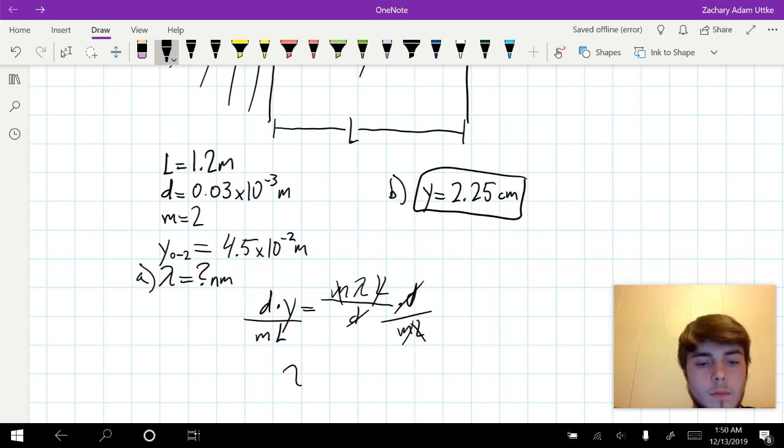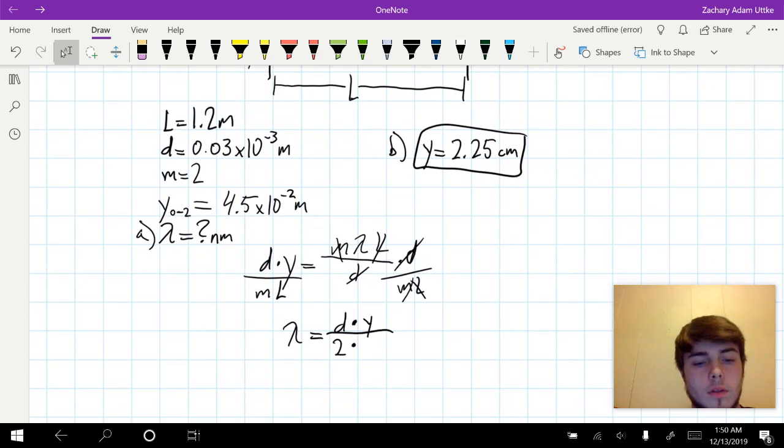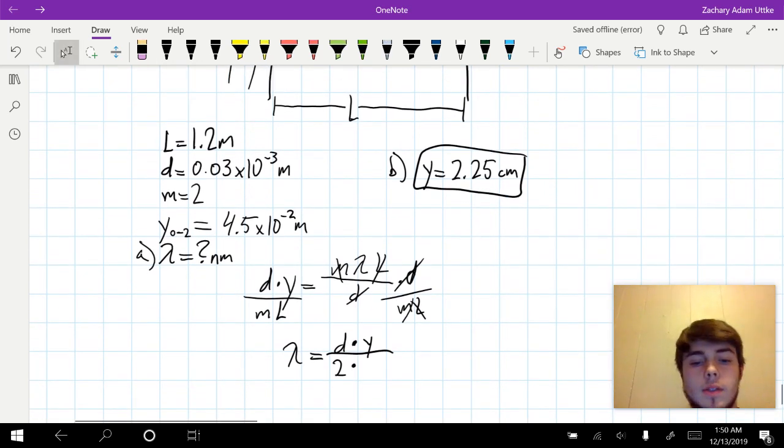So we have wavelength equals the slit distance times the fringe height divided by whatever fringe we're considering times the distance between the slits and the screen.